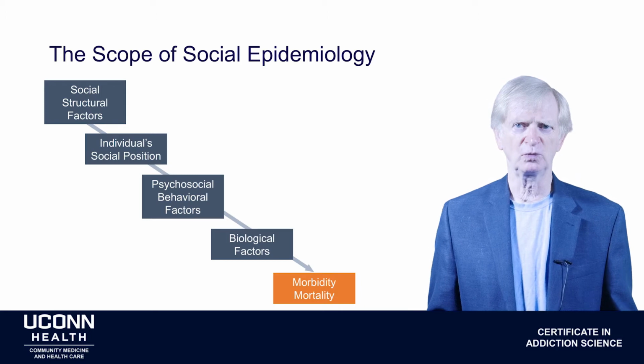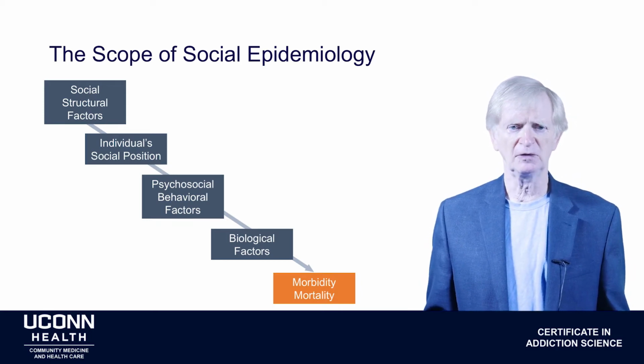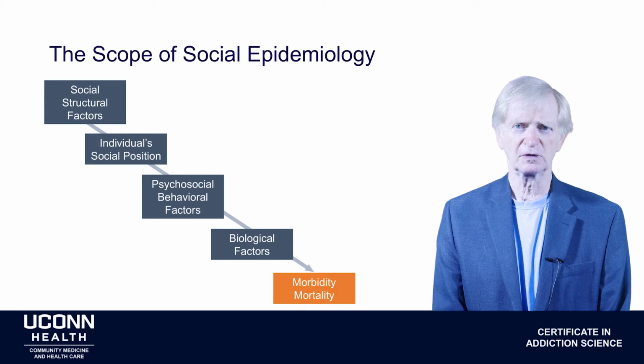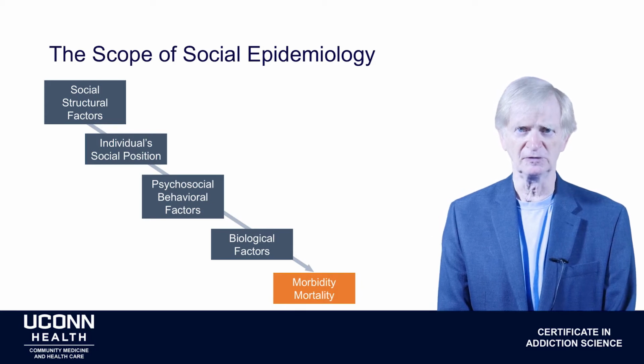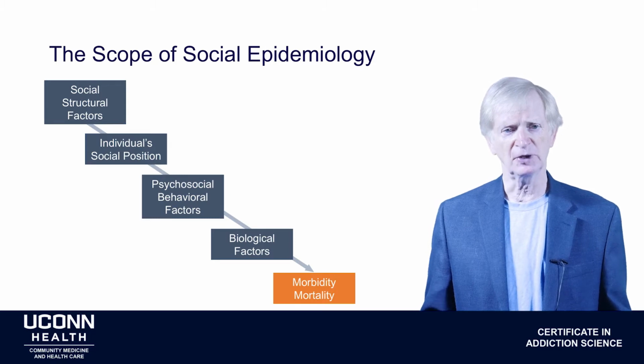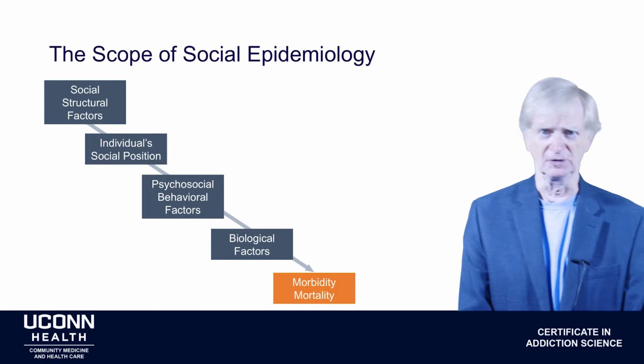And we start with what is called social structure. This is the environment around people who are exposed to different types of substances. And social structural factors can either increase or decrease their access to psychoactive substances.